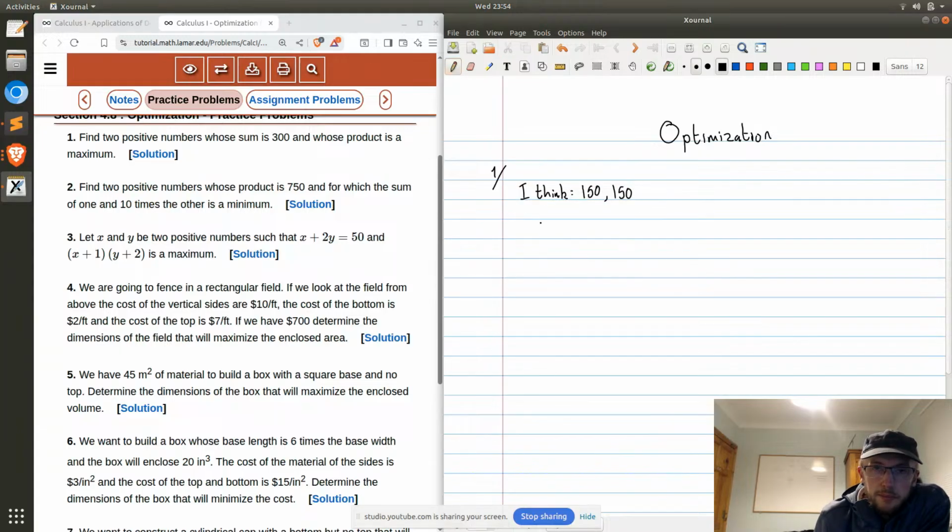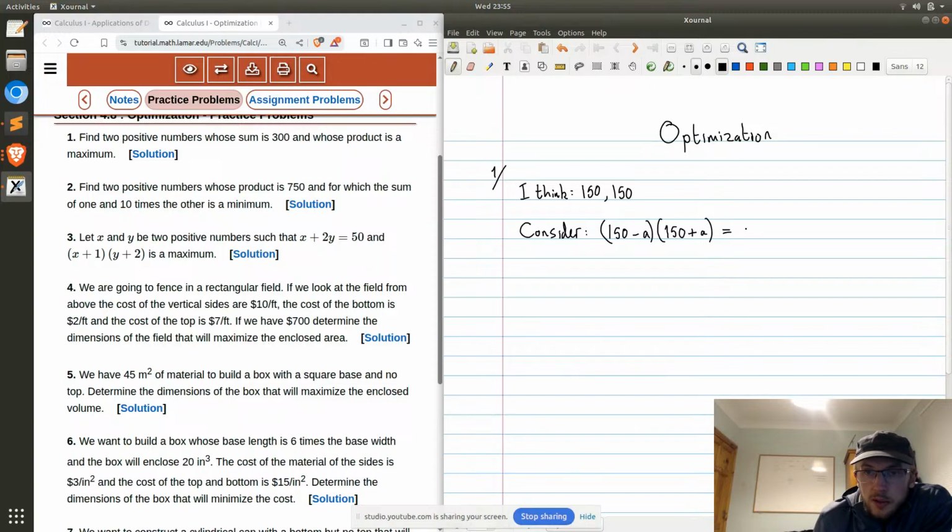So, first of all, all the other possibilities would have to be some amount, A for amount, away from 150, below it and above it.